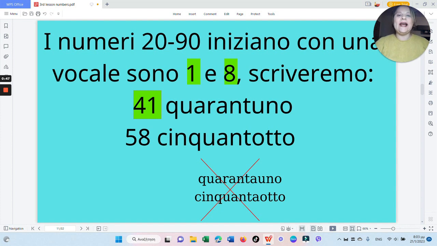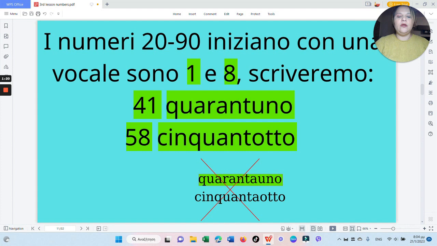I won't say 41 with the vowel, but 41 without it, which means that here the vowel A is missing. 58, I won't say it with the vowel, but without it. Last vowel, A, in this case, is eliminated.